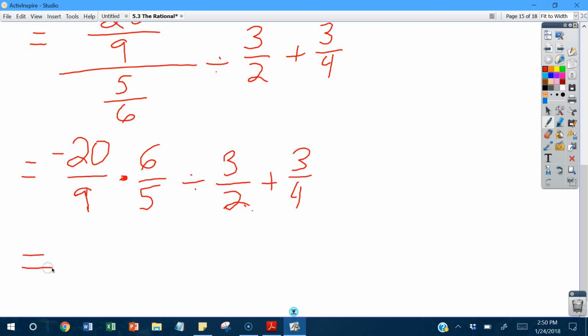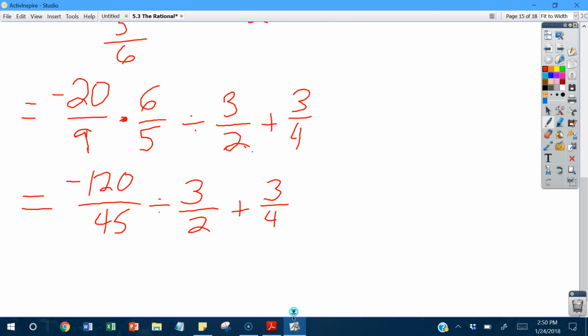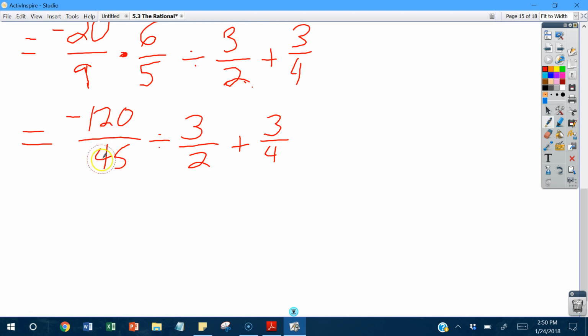So now I have multiplication and division. I'm still going to start from left to right and do this multiplication. So I have -120 divided by 45 divided by 3/2 plus 3/4. And before I do that division, I'm going to simplify this so that my numbers get smaller. I think I have a factor of 5 in both of these.